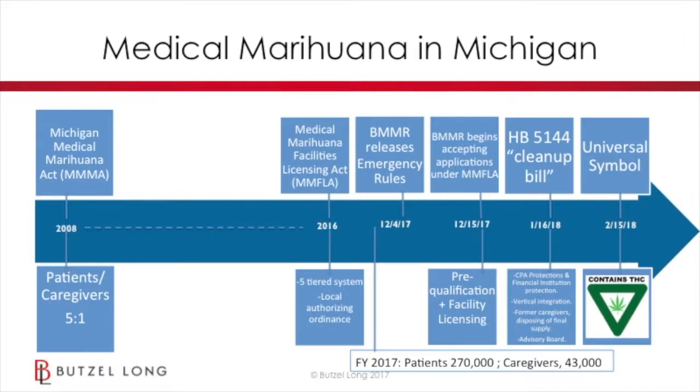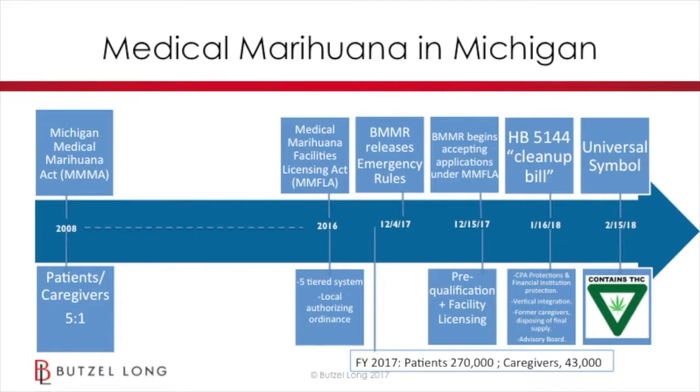And that bill also gave former caregivers a way of getting rid of their final supply, if you will. So until December of 2018, a licensed grower can bring in a caregiver who would relinquish their license, and that caregiver has 30 days from becoming an employee or 30 days from actually being the licensee to take their entire supply as a caregiver under the old act.